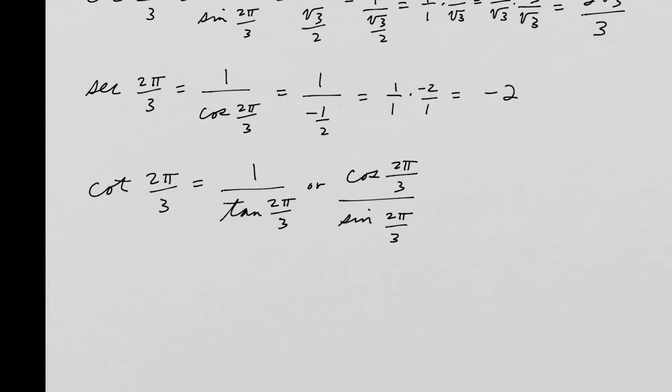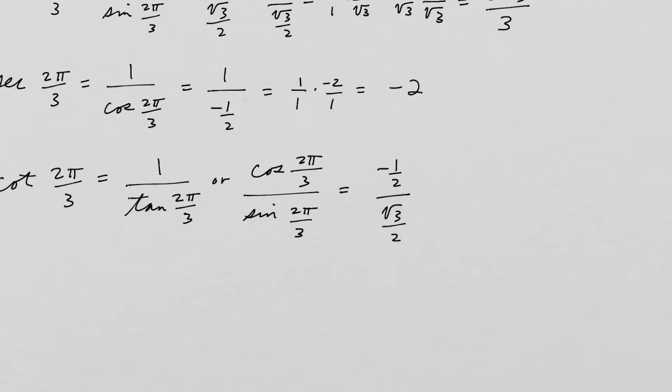Either way, or you can just directly do 1 over tangent. I'll just use cosine divided by sine. So this would be negative 1/2 divided by radical 3 over 2, right?